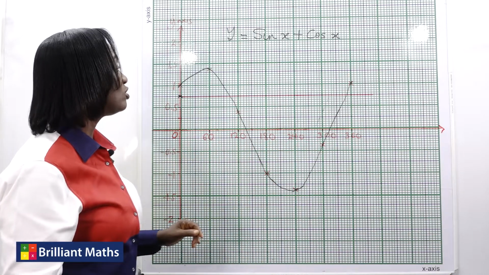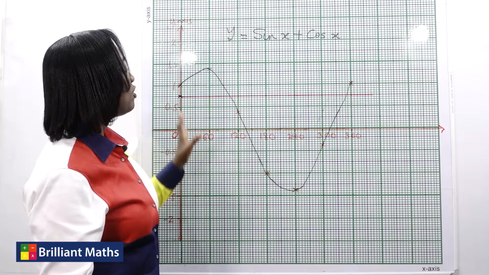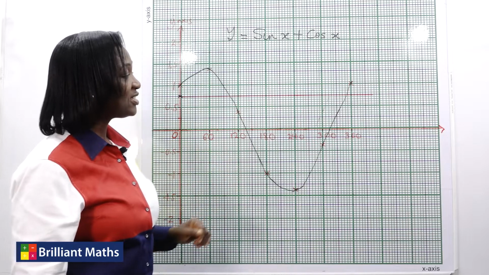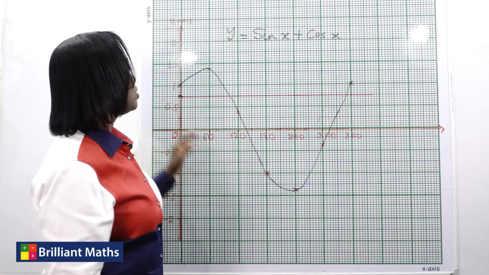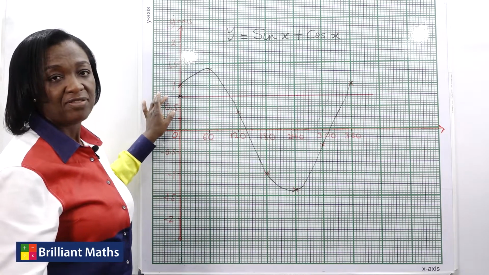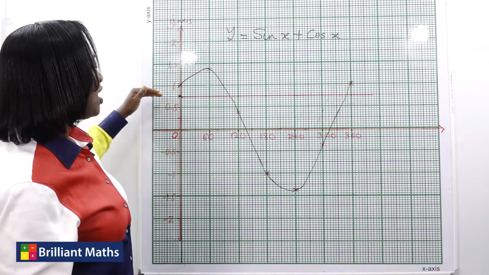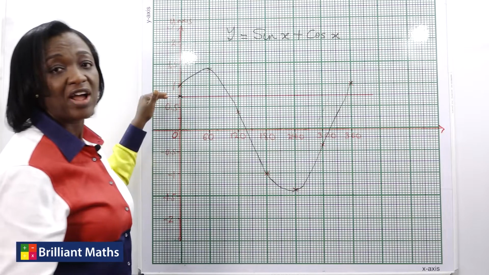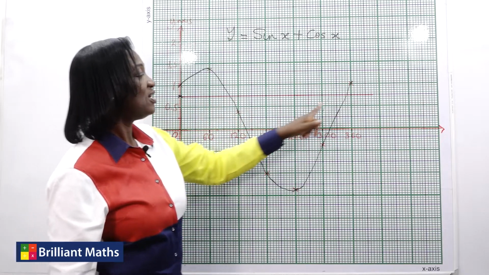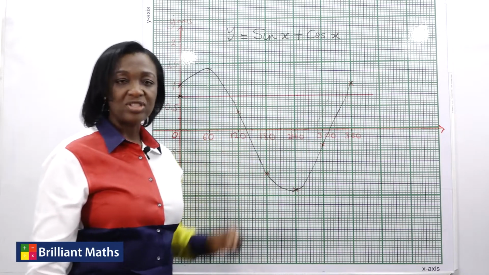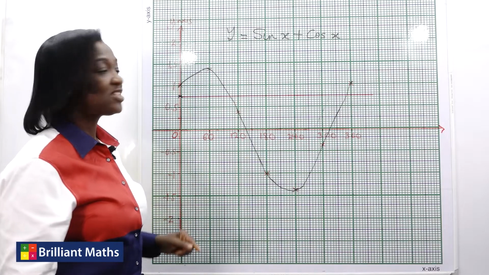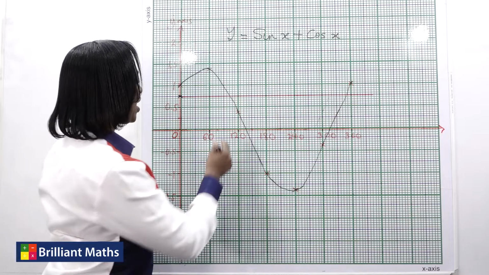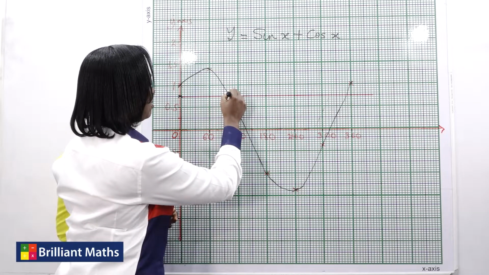And then we were told to find the value of x for which cos x plus sine x will be equal to 0.75. So you draw a line y equal to 0.75, and see where it cuts the graph. And those are the values of x for which that occurs. So we look at the point where it cuts the graph.